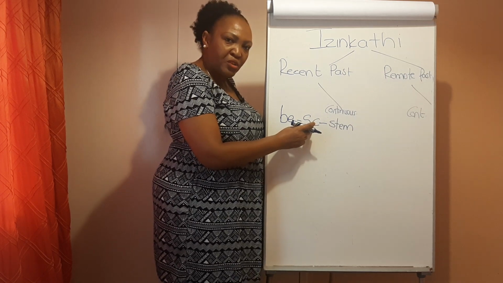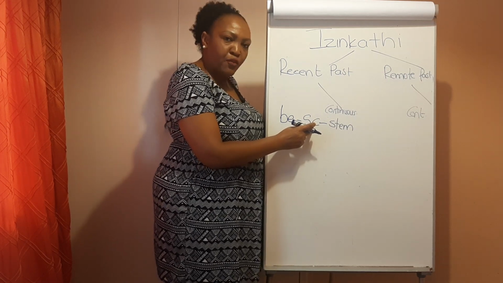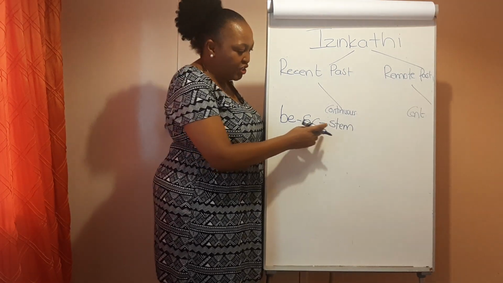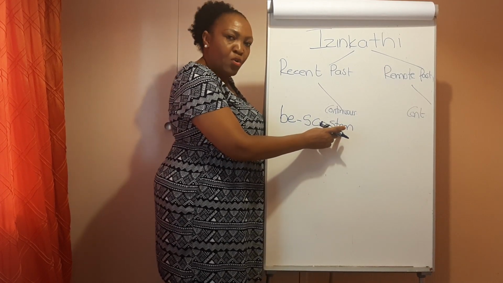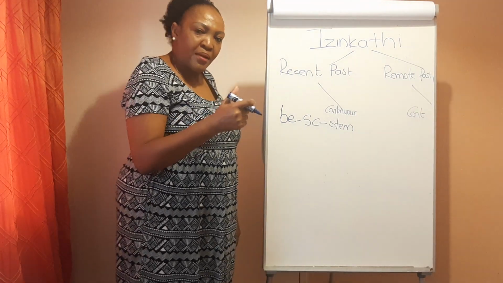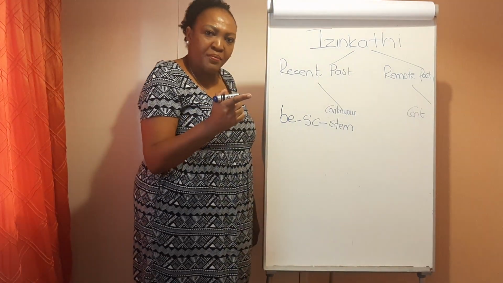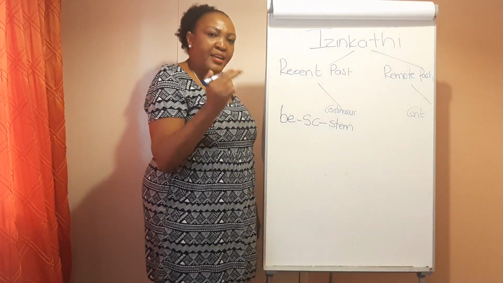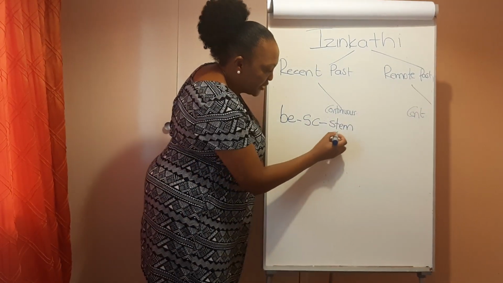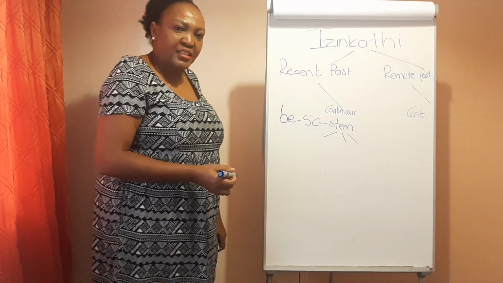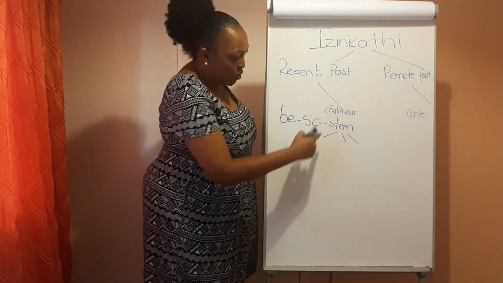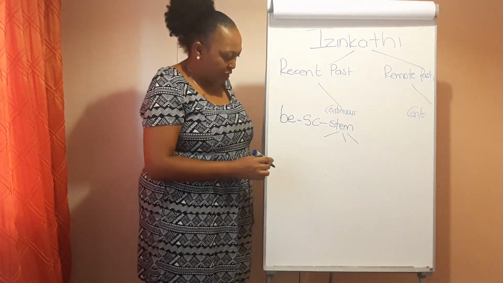Followed by your subject concord, which we said stands for the subject in English. And then your stem. You remember in the previous video, we said the stem could either be a verb stem, a stative verb stem, or a non-verb stem. So all these three types of stems can be found in that stem. We'll go back to the continuous tense later.